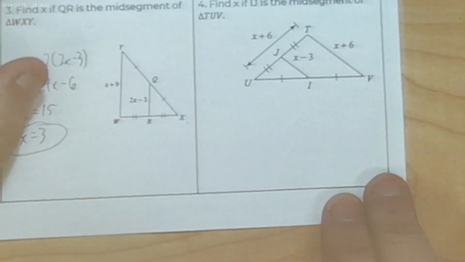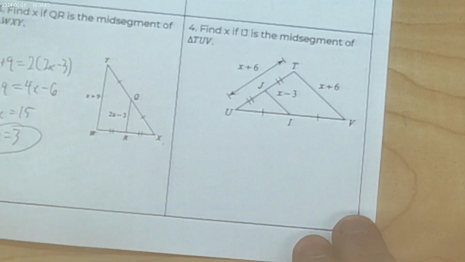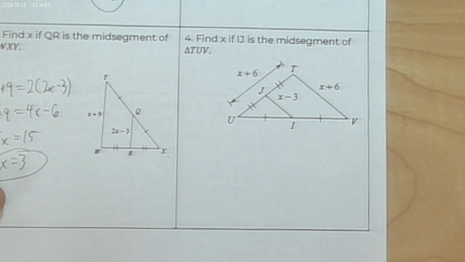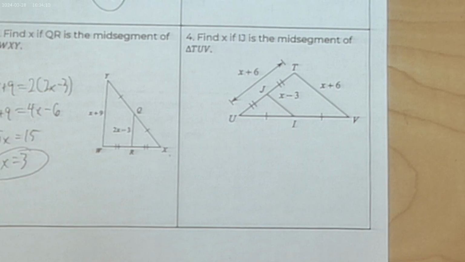All right. We are still moving on with the midsegment here. So find X if IJ is the midsegment of TUV. I don't really know why they're giving us this X plus 6 because it doesn't matter. X minus 3 is 1/2 of X plus 6.